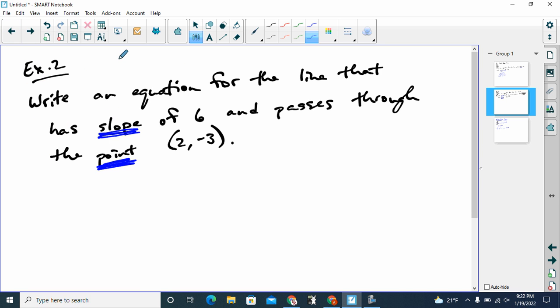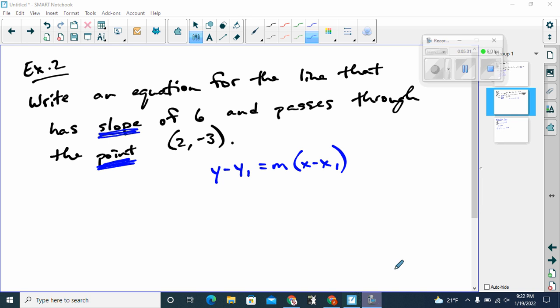So let's go back to example 2. It asks us to write an equation for the line. We know the slope, we know a point. So if I know a point and a slope, we are going to first write down point-slope form. We know what slope is. We know slope is 6, so we're going to put 6 in for m.